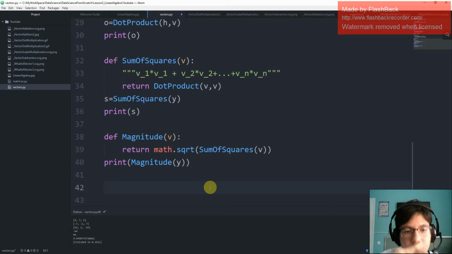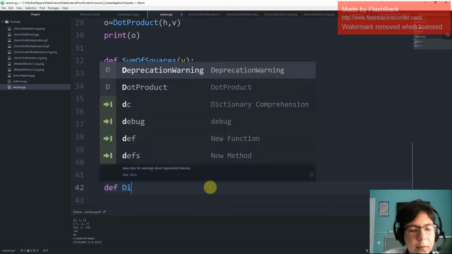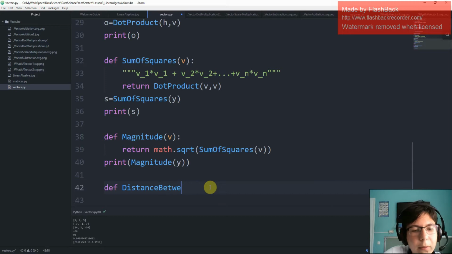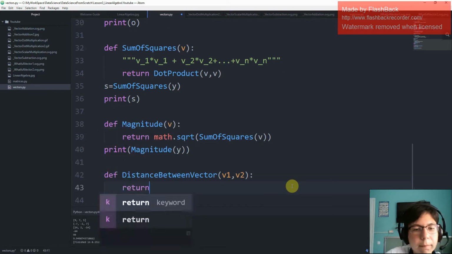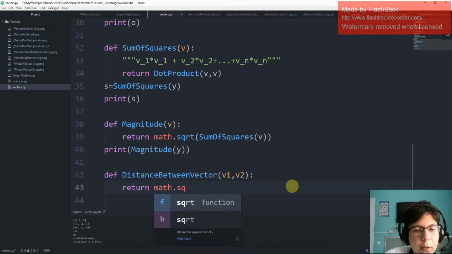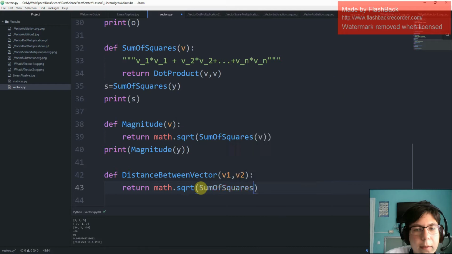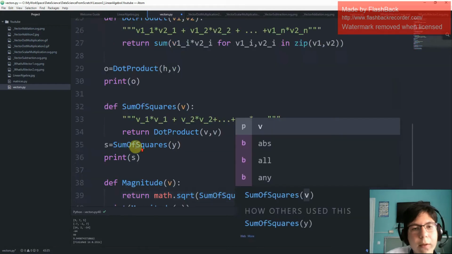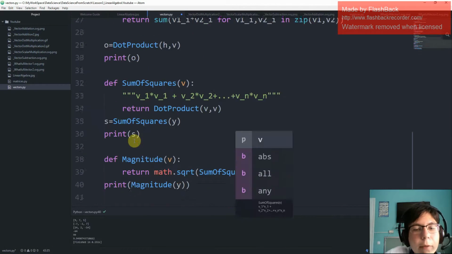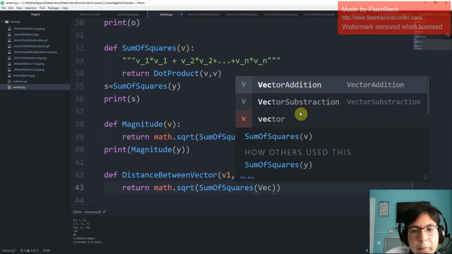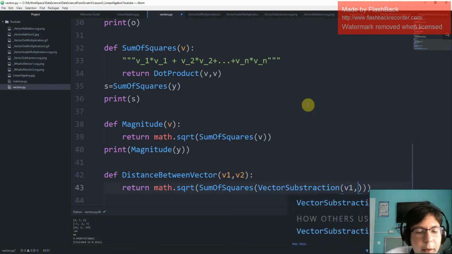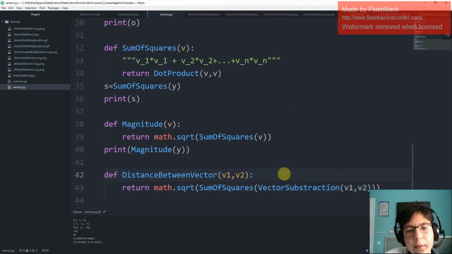So the distance between two vectors, let's say the distance between vector v1 and v2, is going to be the square root of the sum of squares of the vector subtraction of v1 and v2. So why is that?